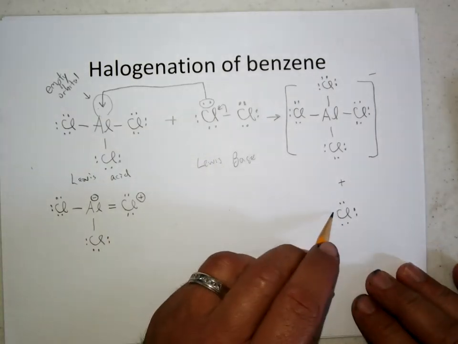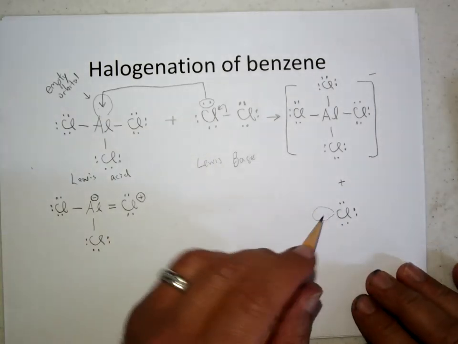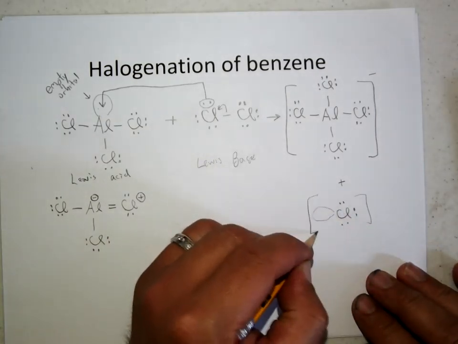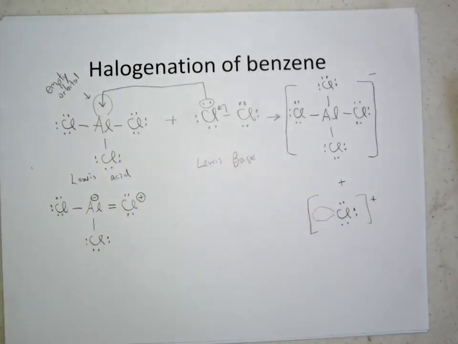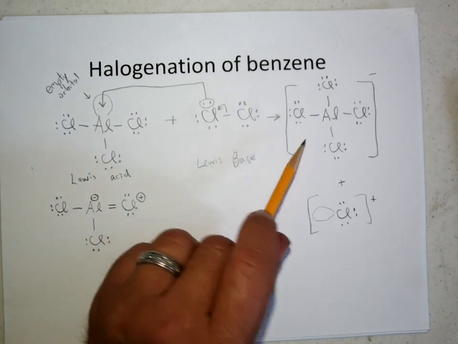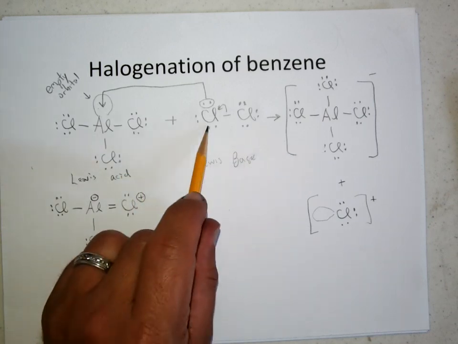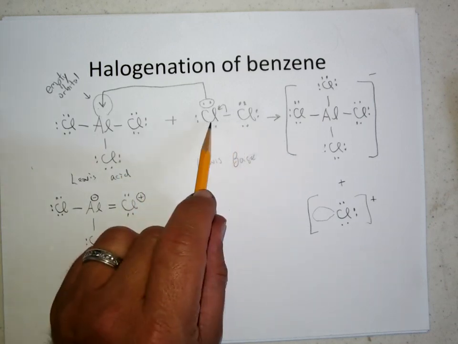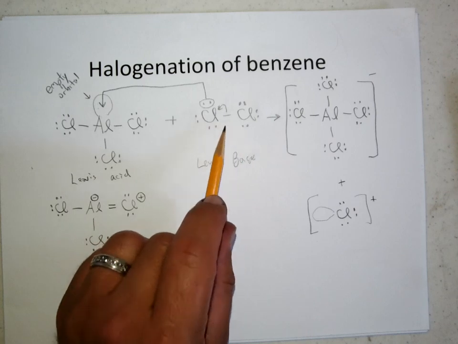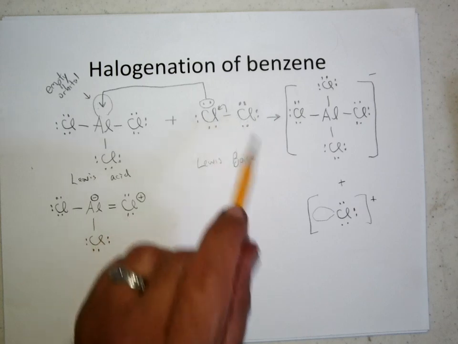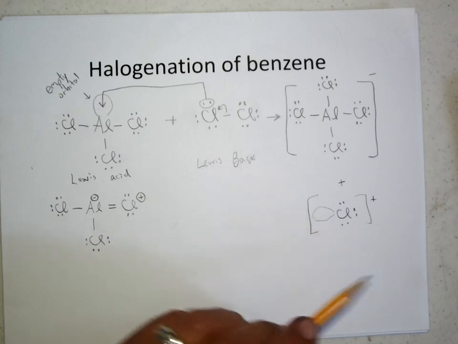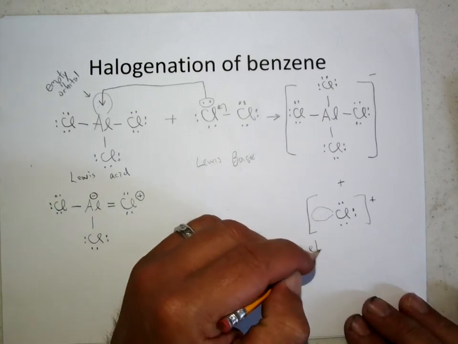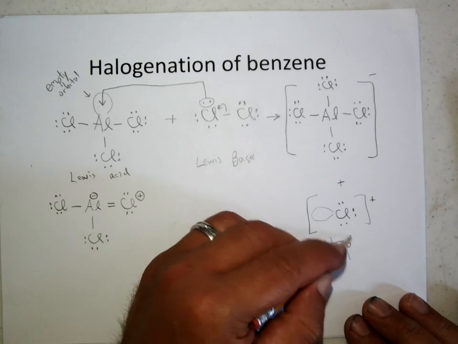Since the electrons would have been removed here, that gives you a chlorine that's formally and truly positive. So if you were able to take a chloride away from the chlorine molecule, you would be left with a chlorine cation. And that is going to be your powerful electrophile.